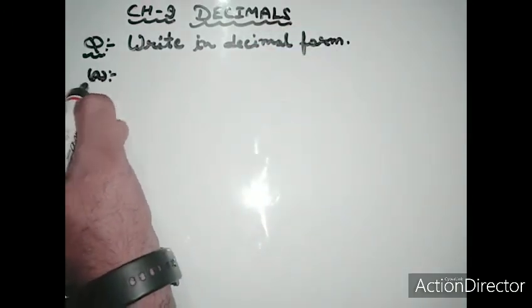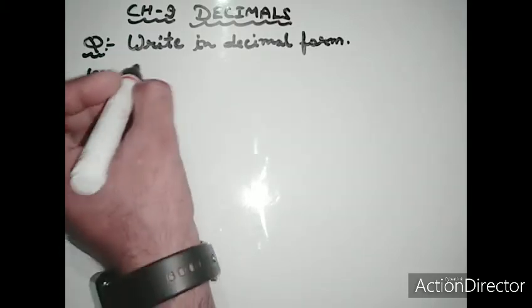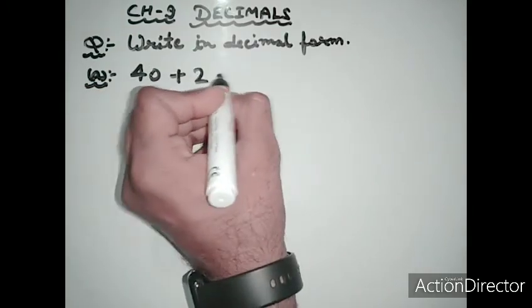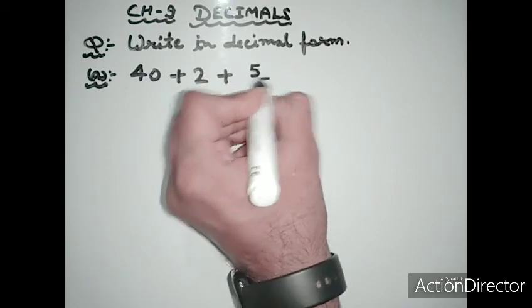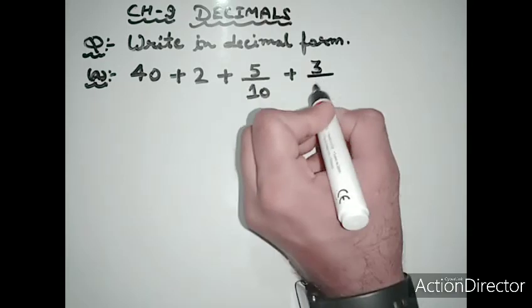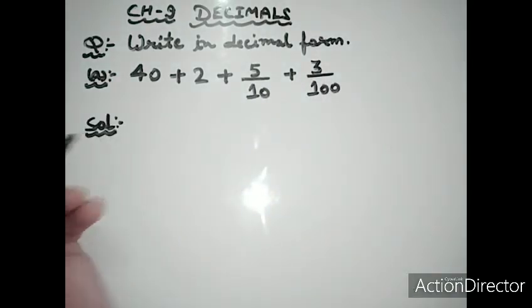The first part of this question is 40 plus 2 plus 5 upon 10 plus 3 upon 100, right? Now it is the expanded form of this decimal, and here we write this expanded form in decimal form.